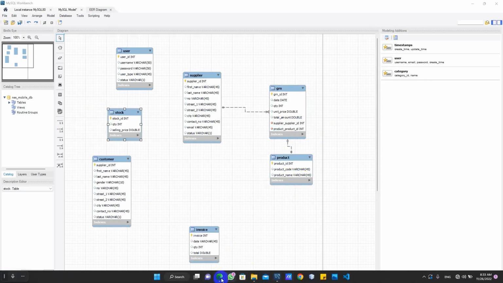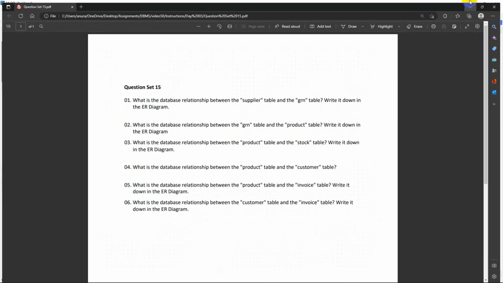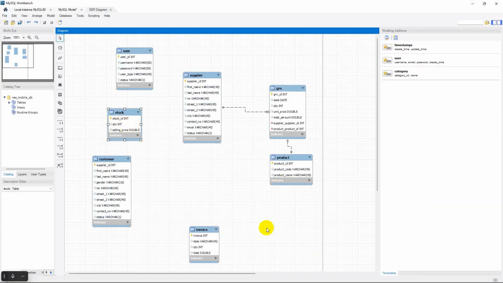In the third question: what is the database relationship between the product table and the stock table? Write it down in the ER. Product details are included in the product table, but stock details such as quantity and the selling price are stored in the stock table.